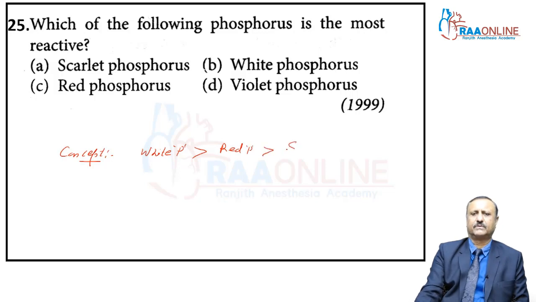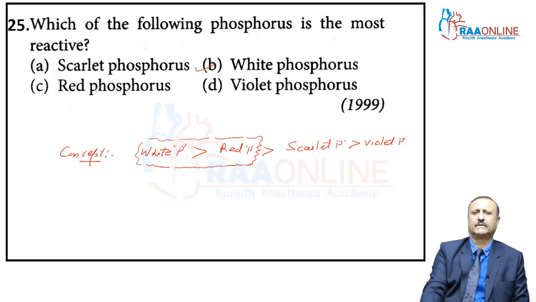Red phosphorus is more active than scarlet phosphorus, and scarlet phosphorus is more active than violet phosphorus. In this way, my dear students, but white and red phosphorus are important. Nowadays we only get this type of question on white and red phosphorus, but these are the reactivities. So, you can go to answer B.